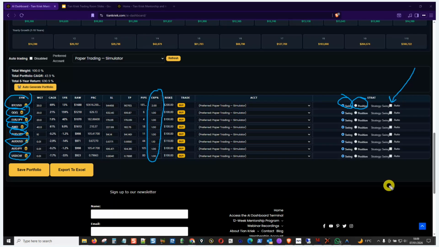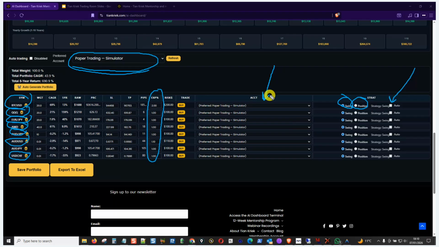All right. And make sure that you have a trading account connected. At this point, I only have my paper trading account connected here. That's my preferred account. But if I have more accounts connected, then I can go and select different brokerage accounts for the different symbols. All right.